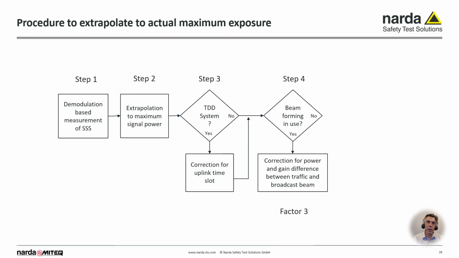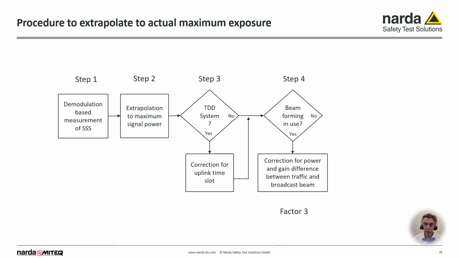If beamforming is in use, maybe the base station is using a different antenna setting for the signalization than for the traffic. And the traffic can even have a much more narrow beam with higher gain.